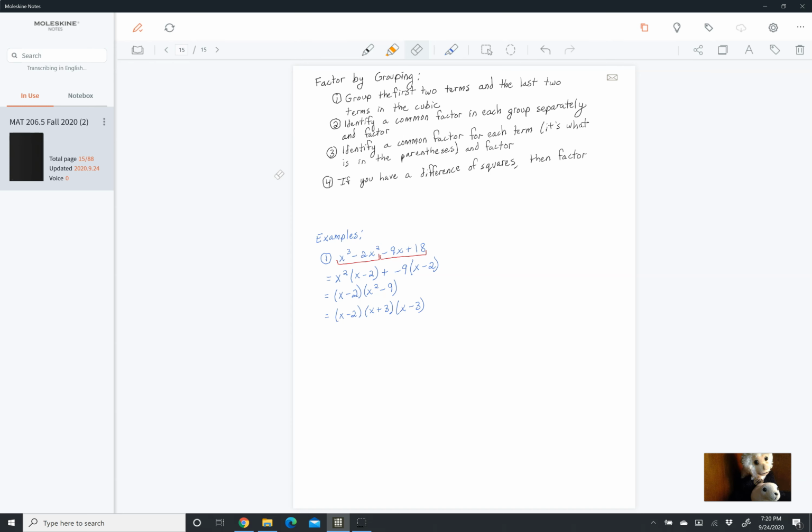Okay. And just as a side note, if we wanted to solve for the roots, you're going to set it equal to 0, and you're going to use that 0 property, the same exact way that we solve for the roots when we have a factored quadratic.